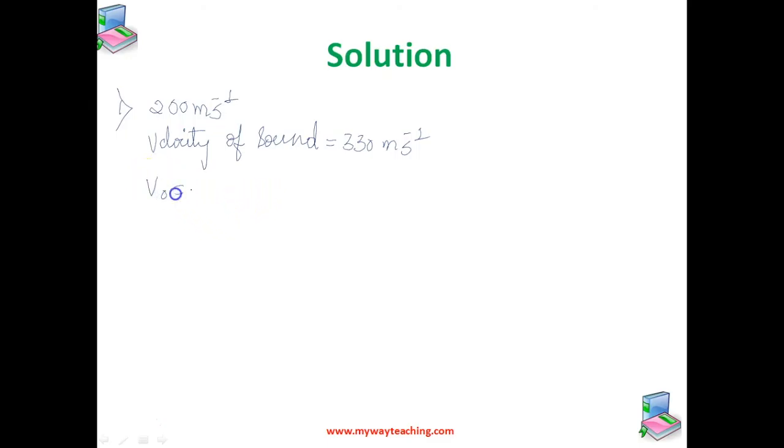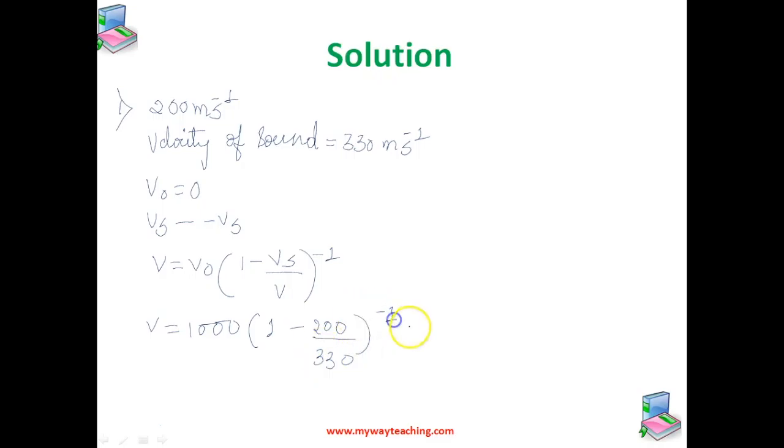V0 is equal to 0 and Vs must be replaced by minus Vs. So we must use the equation v equals v0 times (1 minus Vs by V) inverse. So we get 2540 Hertz.